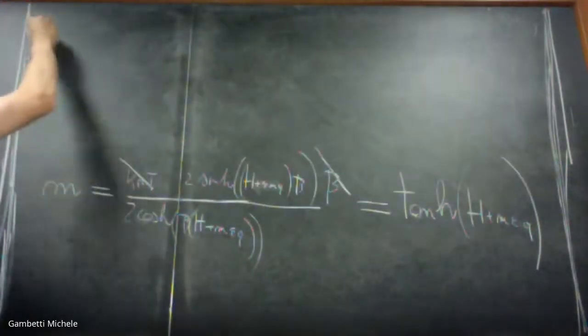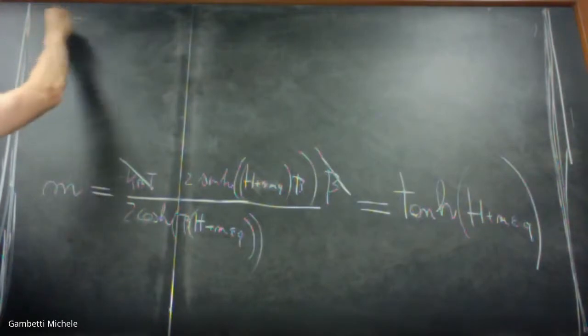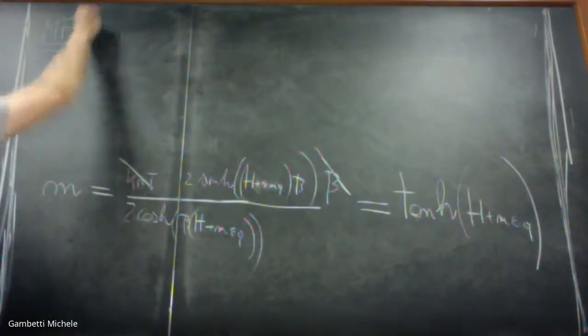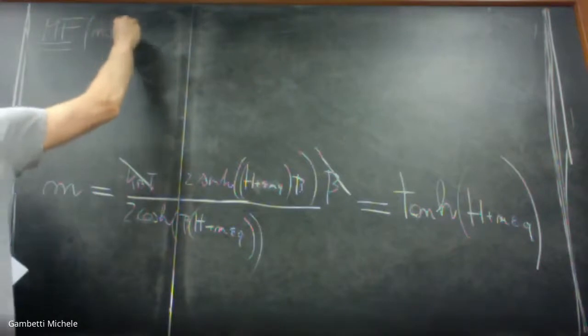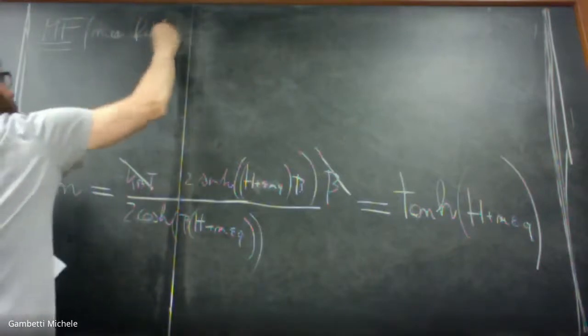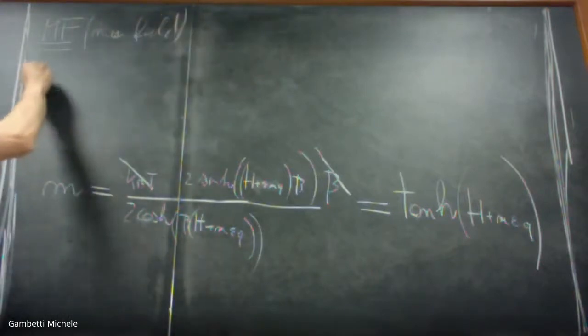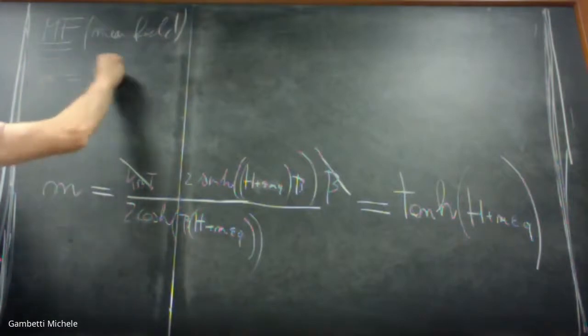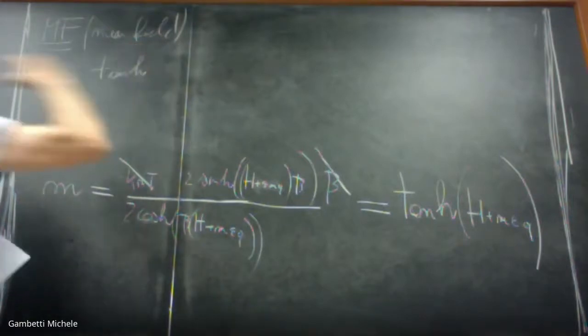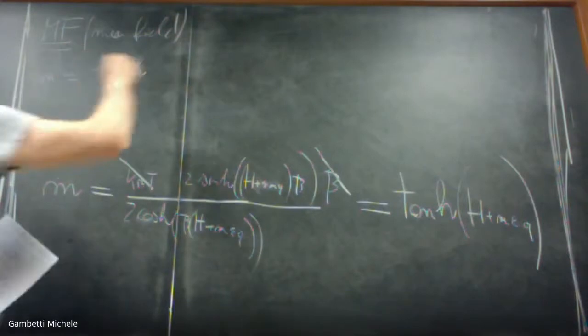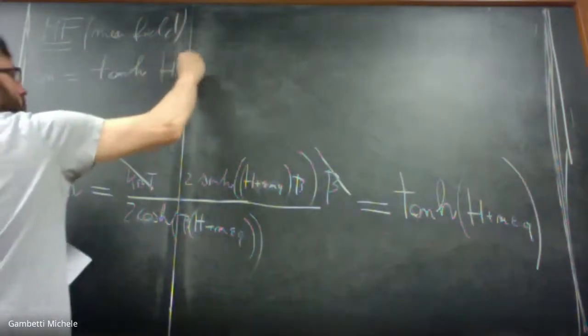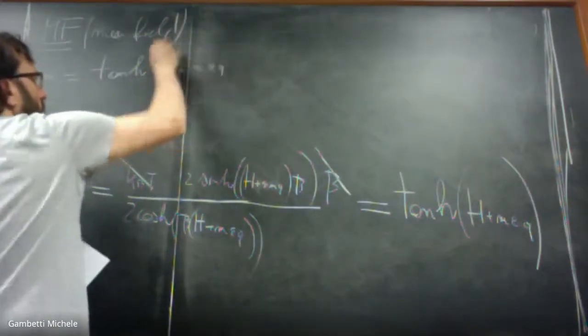So in the mean field approximation, MF stands for mean field, we find that m is equal to the hyperbolic tangent of h plus m epsilon q.